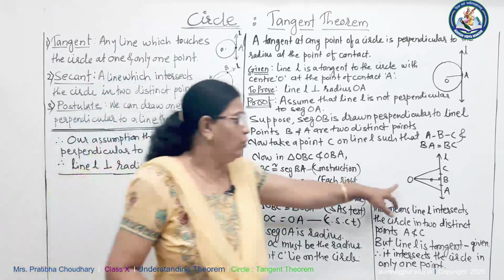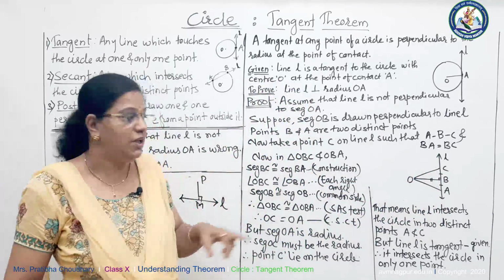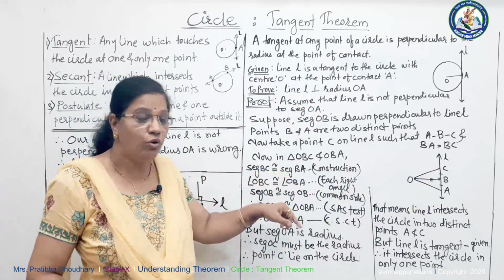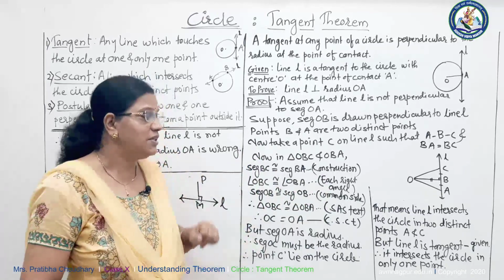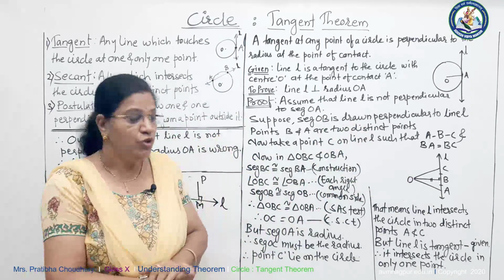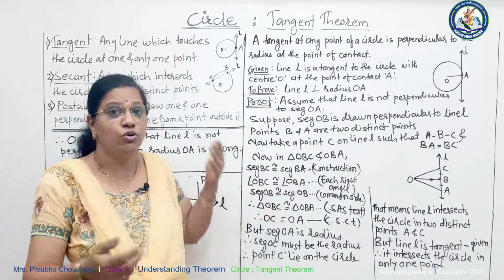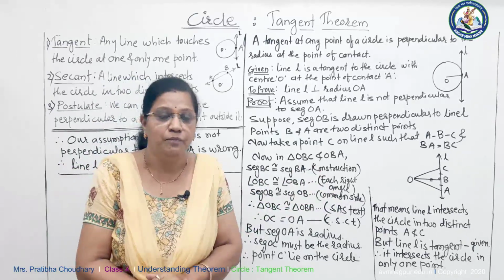And angle OBC is equal to angle OBA. Both of them are congruent to each other. Why? Because each of them is a right angle. Next, segment OB is common between these two triangles. So segment OB is congruent to segment OB, and the reason is common side.